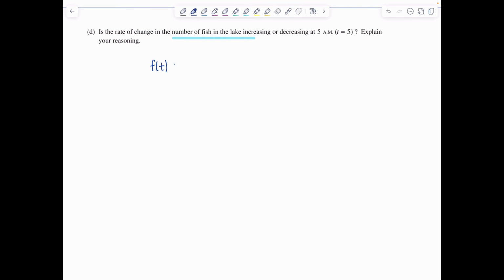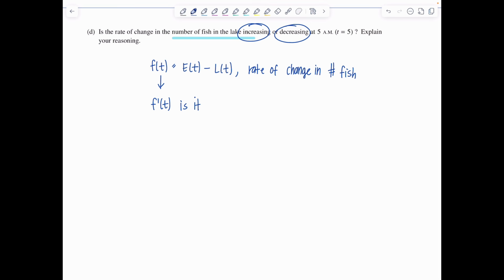So f of t was e of t minus L of t, and that's the rate of change in the number of fish. And they're asking, is that rate of change increasing or decreasing? So then I need to look at f prime of t, and is it positive or negative when t equals 5? That's basically all they're asking me to do.